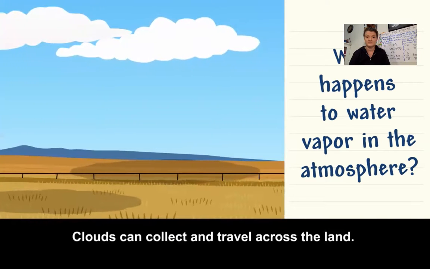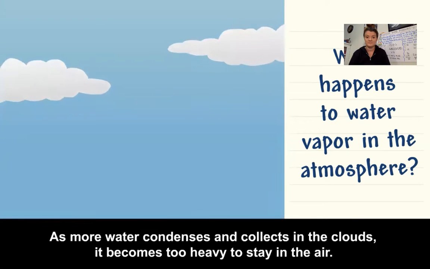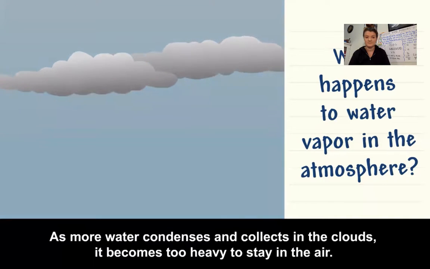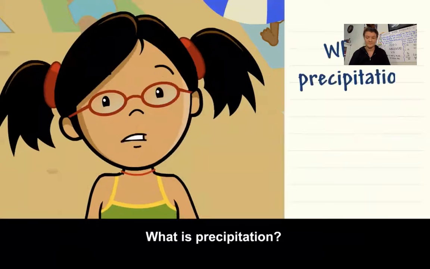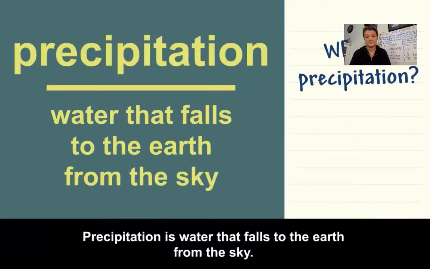Clouds can collect and travel across the land. As more water condenses and collects in the clouds, it becomes too heavy to stay in the air. What is precipitation? Precipitation is water that falls to the earth from the sky.